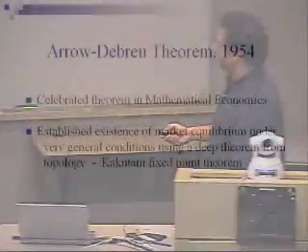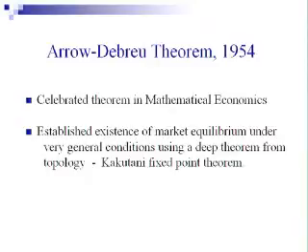Okay, going from Fisher's model, the big theorem, of course, here in this whole field is the Arrow-Debreu theorem, which was proven in 1954. And it's really a celebrated theorem. It established the existence of equilibrium prices in a very general setting, even more general than Fisher's setting, in actually Walras's original setting.